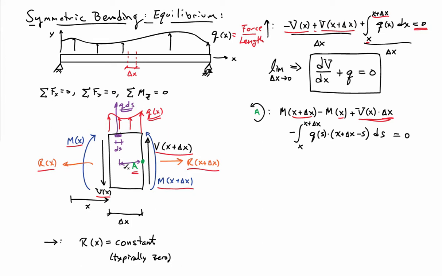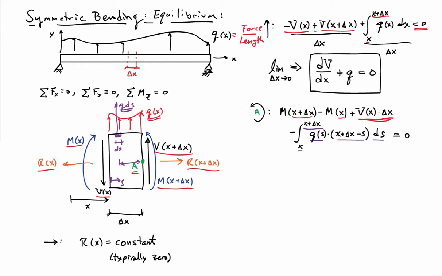So s is just simply a generic coordinate that is measured from the left side here. Okay, so that gives me the lever arm, x plus delta x minus s, and I multiply that by q ds, that gives me a moment, and then I add it up from x to x plus delta x. So that's the integral there.